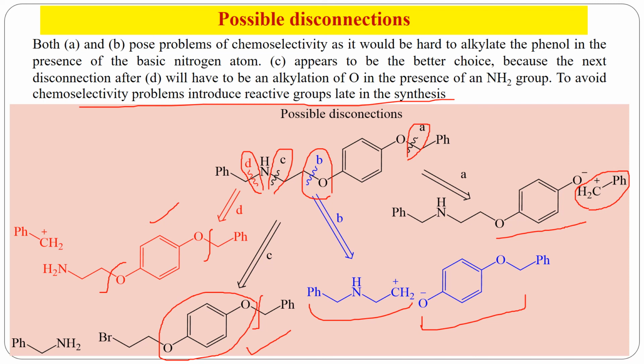And in the case of A, we have to alkylate the O in the presence of the NH group, which is more reactive. In this case B, we have to alkylate O, but here is no such problem of chemoselectivity imposed by the amino functional group. And that's all about some basics of retrosynthesis or the disconnection approach. Thank you.